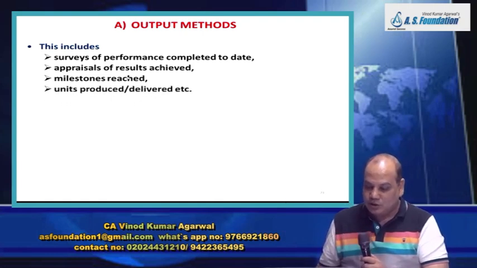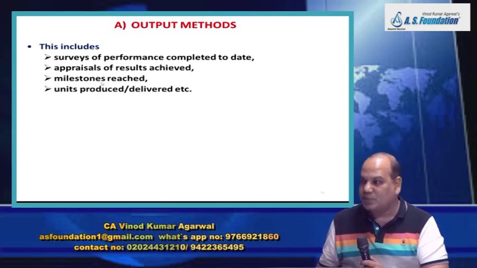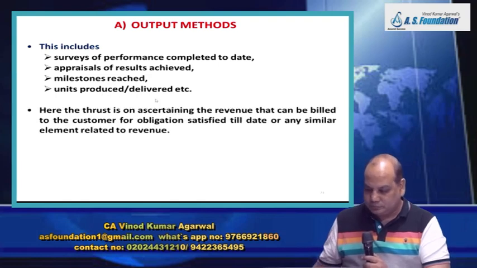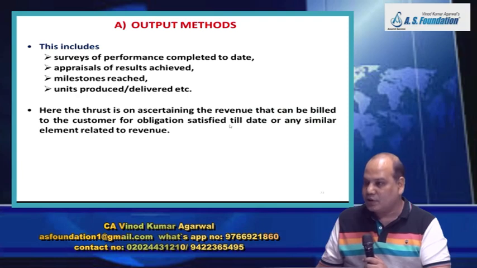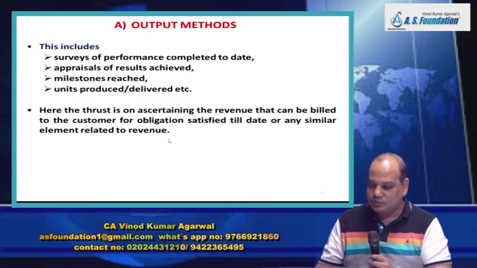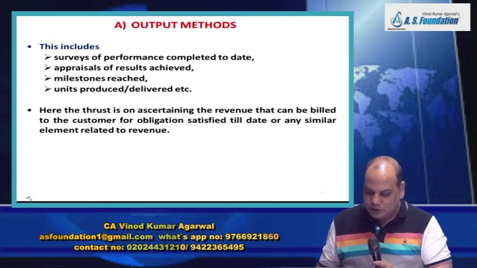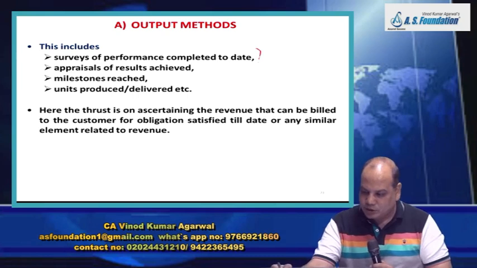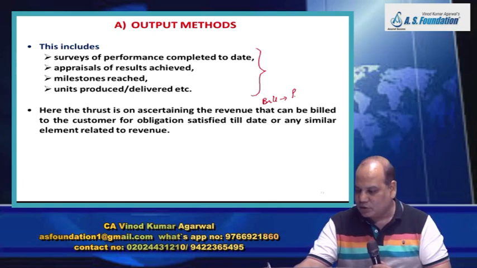So according to the nature of the industry, you take the certificate and check what percentage of work has been done, units produced or delivered, etc. Here the thrust is on ascertaining the revenue that can be billed to the customer for obligation satisfied till date or any similar element related to revenue. So based on the certificates of the work done, a bill is raised, which we will call in this chapter a progress bill.